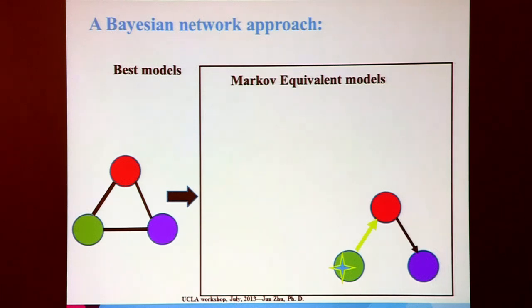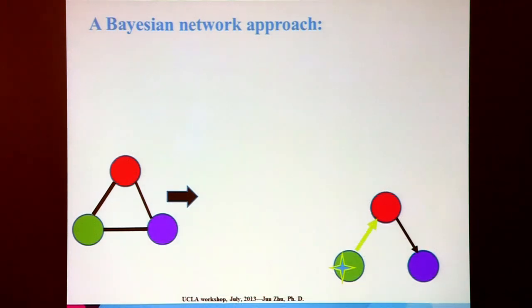So in the end only one Markov equivalent structure is possible. From there, if you only have one possible structure, then it's truly a causal structure, rather than just statistical or computer science causal, but really a biological causal.